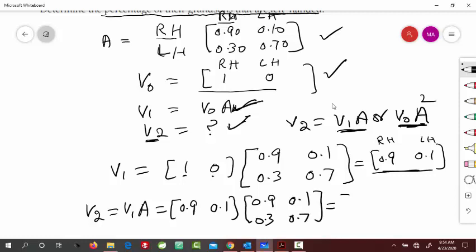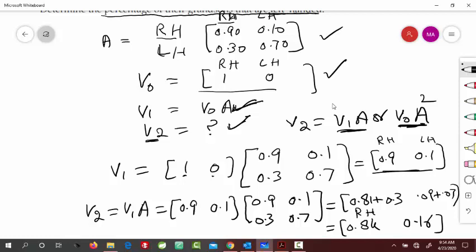Multiply them, and you would get 0.9 times 0.9 is 0.81 plus 0.1 times 0.3 is 0.03, and then 0.09 plus 0.07. So this would turn out to be 0.84 and 0.16. And again, this is your right-handed grandsons and left-handed grandsons.